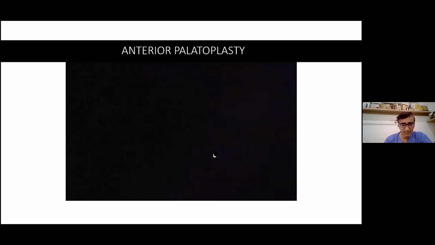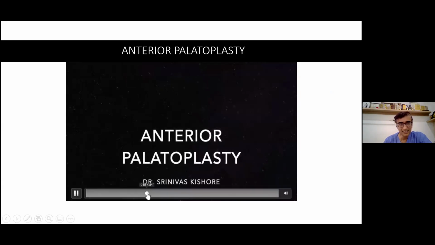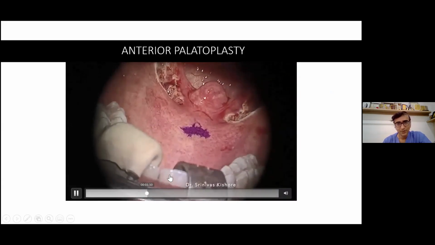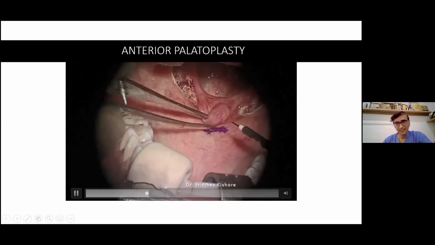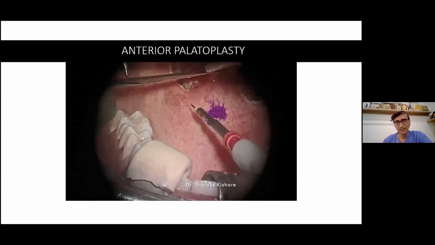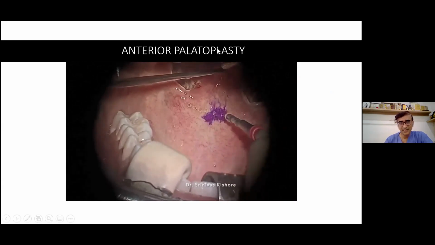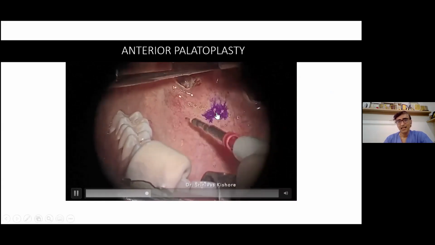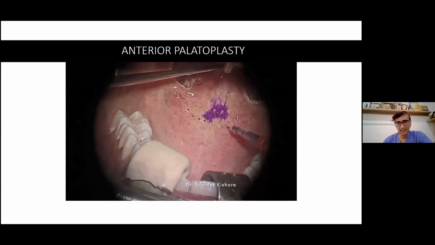So just quickly going to show you an anterior palatoplasty. So this is the palatal dimple. And as we spoke about in the principles of palatal surgery, we did speak about clearing of the lymphoid tissue. So this is the dimple. I'm using radio frequency. This is the Sutter radio frequency.